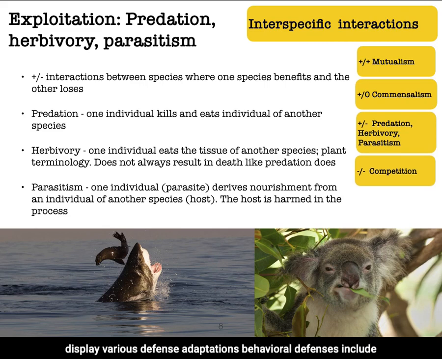Prey also display various defense adaptations. Behavioral defenses include hiding, fleeing, forms of herds or schools, and active self-defense. Animals also have morphological and physiological defense adaptations, including cryptic coloration or camouflage.